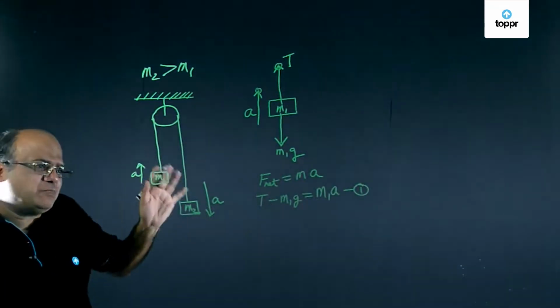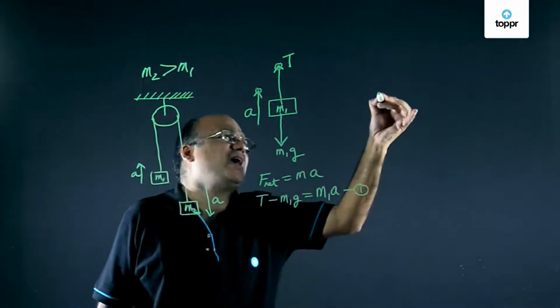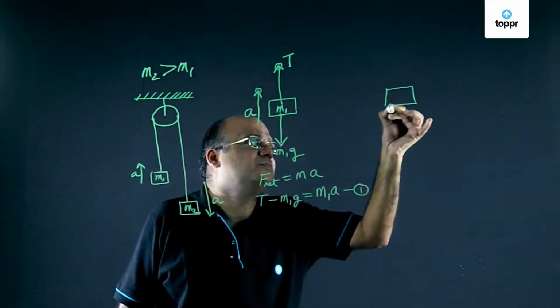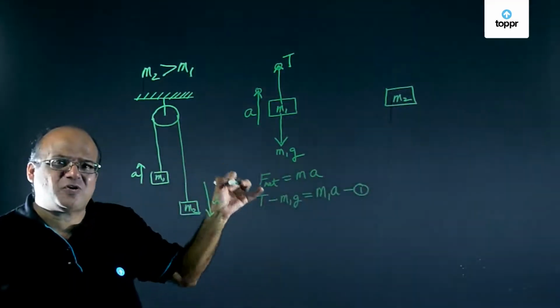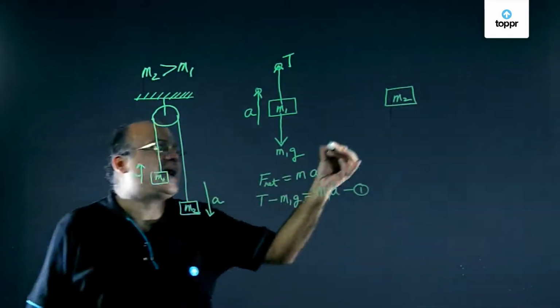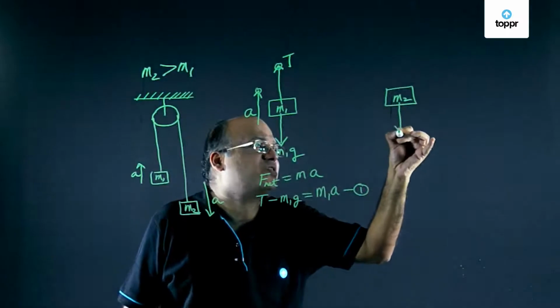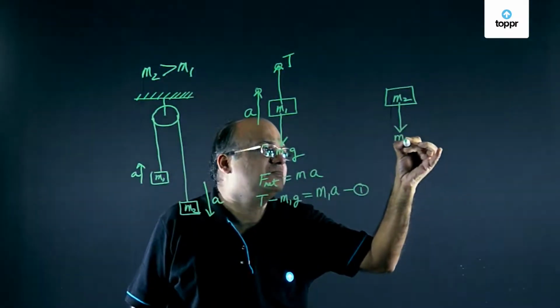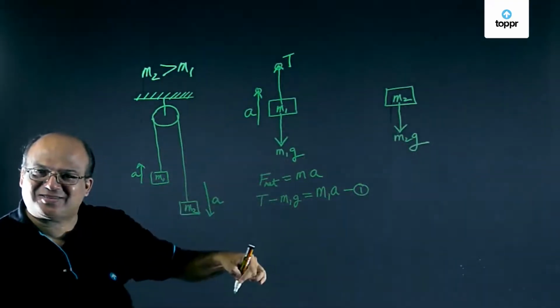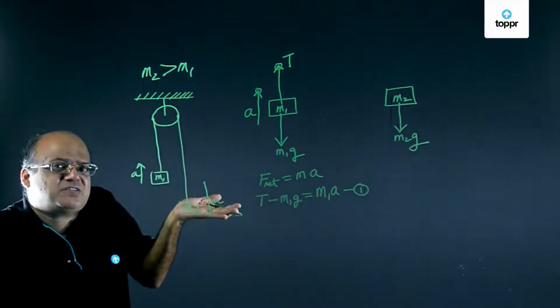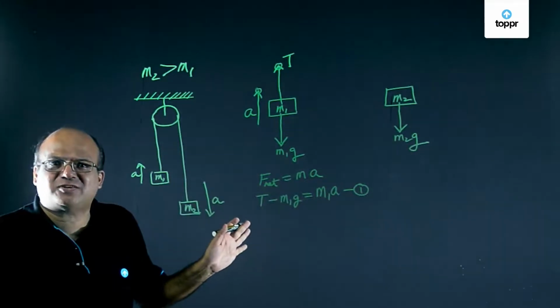Now let us look at M2. What are the forces acting on M2? Again M2 has mass, so the first force we'll draw is the weight, acting vertically downwards, M2g. Remember, weight always acts vertically downwards towards the center of the earth. Again, M2 is not resting on a surface, so no question of normal reaction.